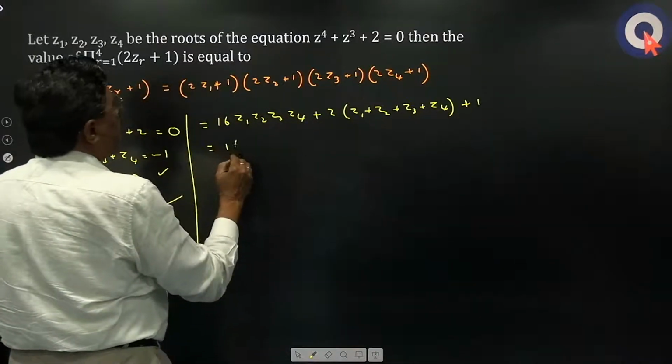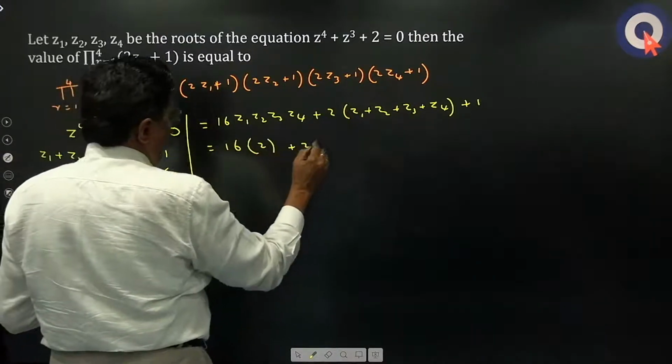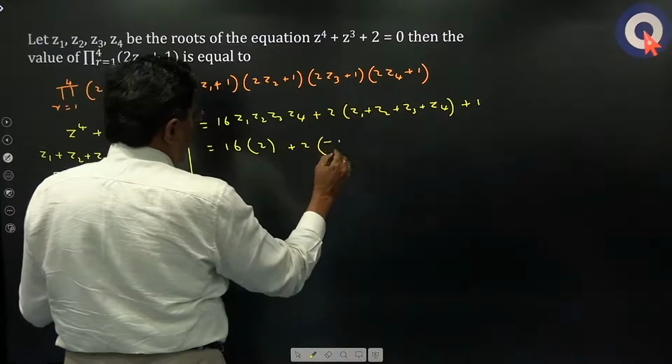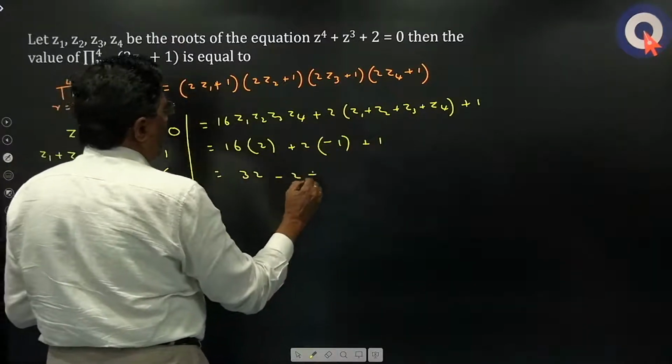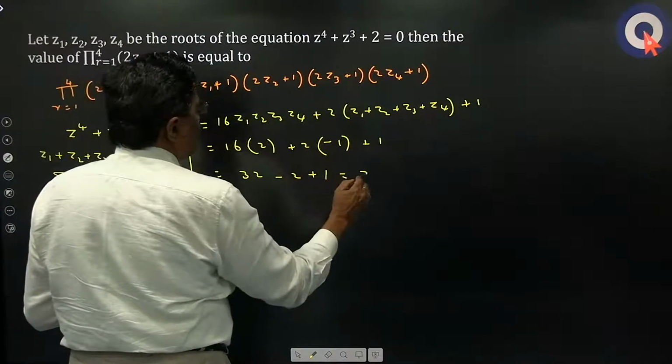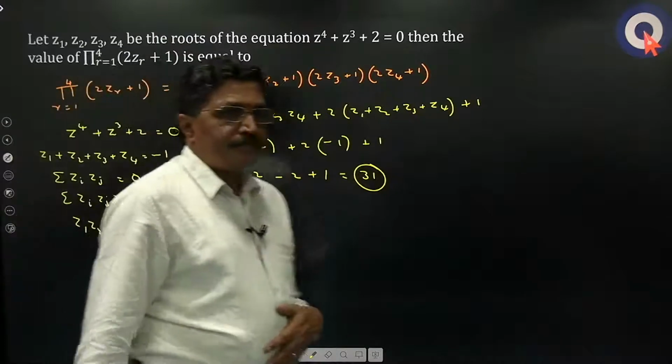So we have 16 into this value is 2, plus 2 into the sum of this is minus 1, and plus 1. So we have 32 minus 2 plus 1, 30 plus 1, 31. So the required answer is 31, right?